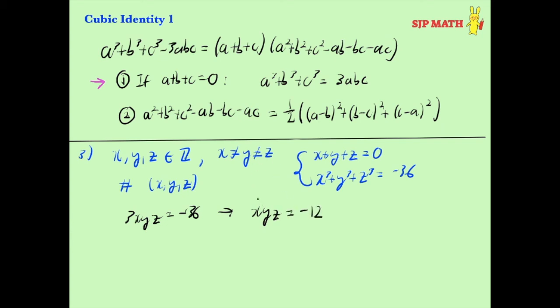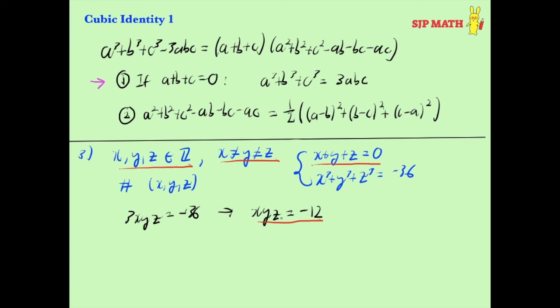So we know that x, y, z are distinct integers. I'm going to put this in red. So we have to consider that x, y, z are integers, and they're distinct, and their sum is equal to 0, and their product is equal to negative 12.